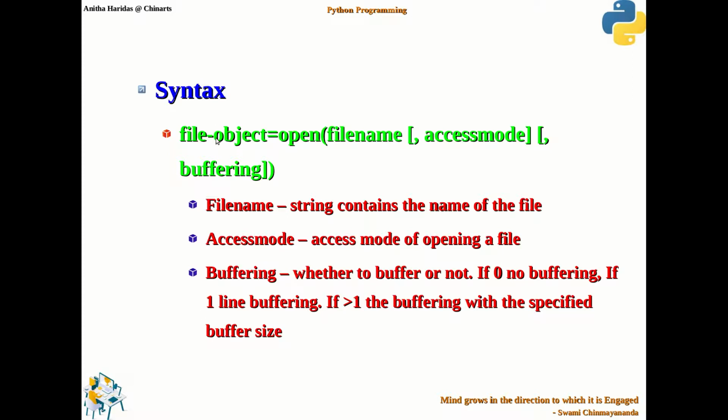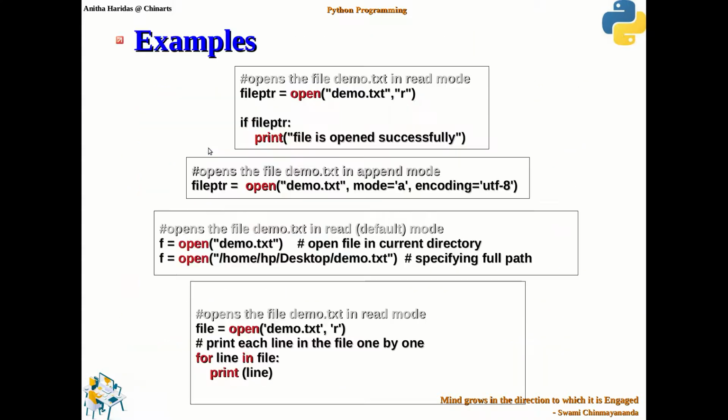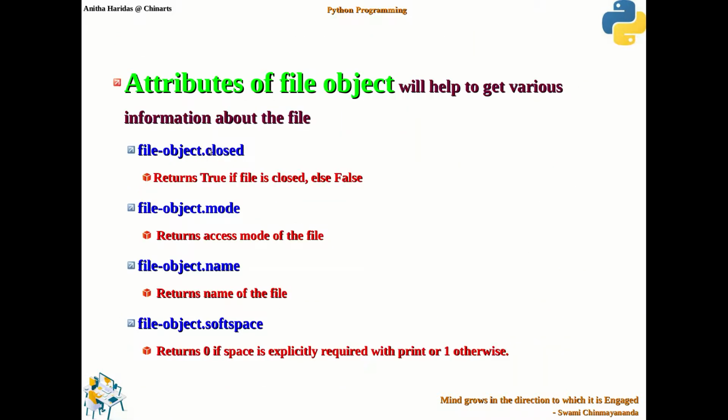Because once you open a file, all the other operations, right from reading a file, writing into a file, or moving the file pointer, closing a file, all these things will be done using the file object, or you call it a file handle. So we should know what the different attributes and methods available for this file object are.